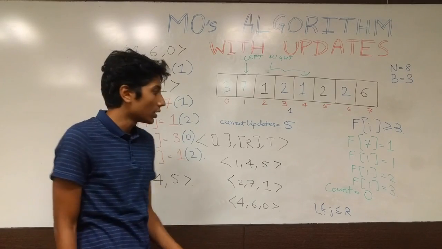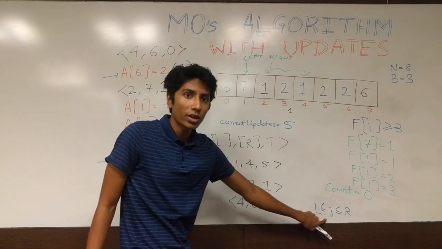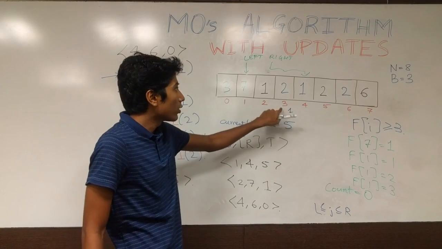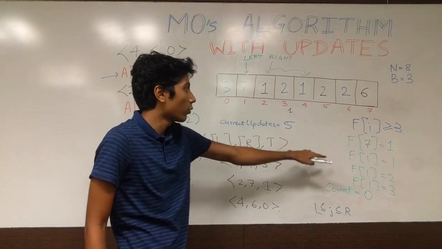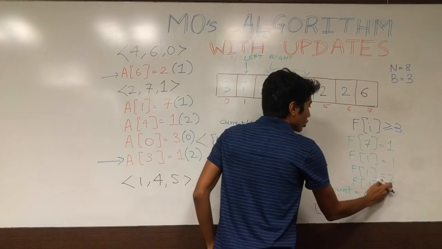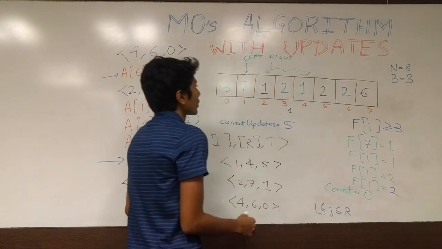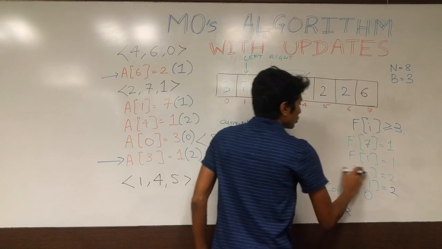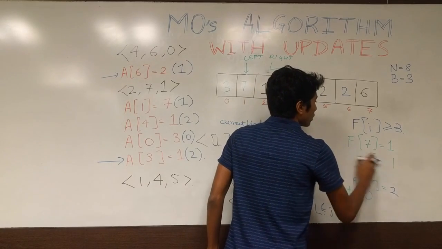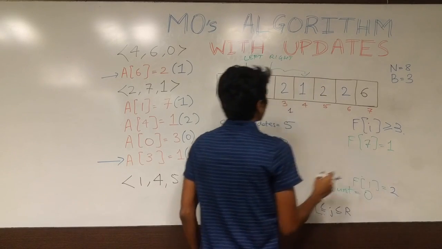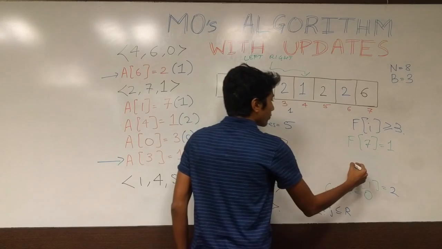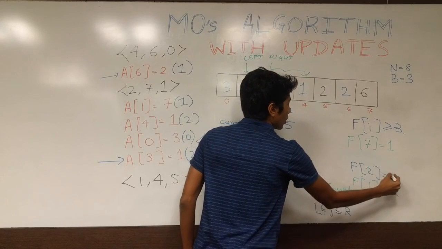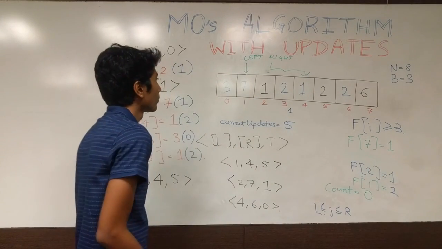Both operations are symmetrical. We need to check for this condition whenever we are doing it. And whatever value was there earlier, like f of 1, that needs to be decremented. It's being set to 2, so f of 2 has its value incremented to 1.